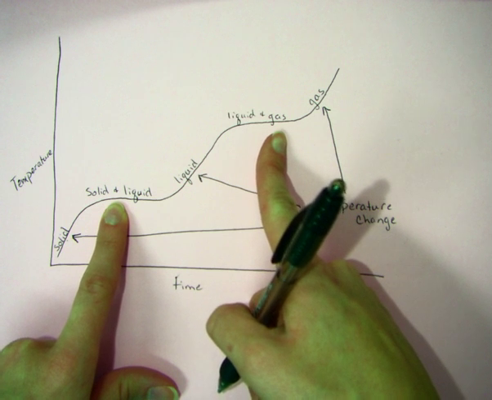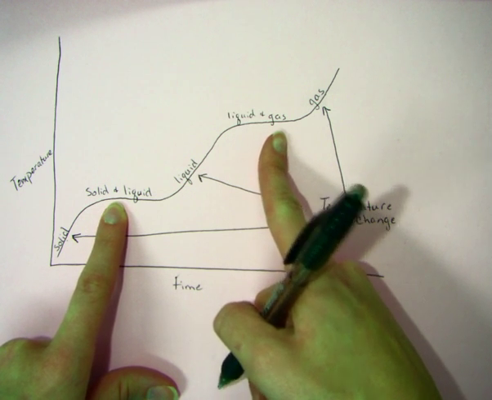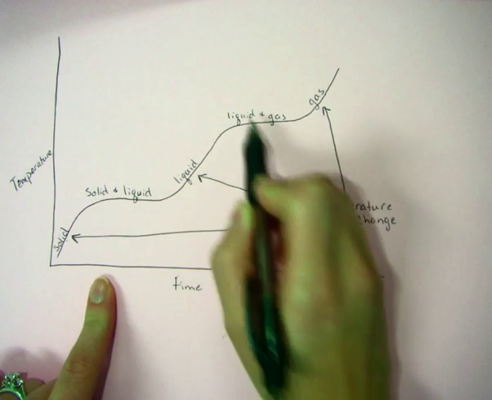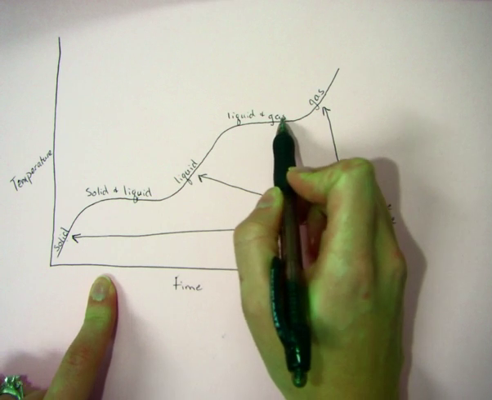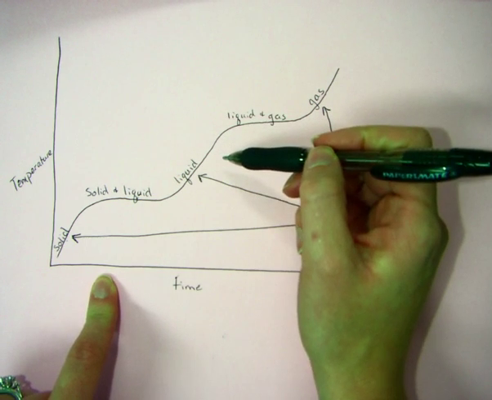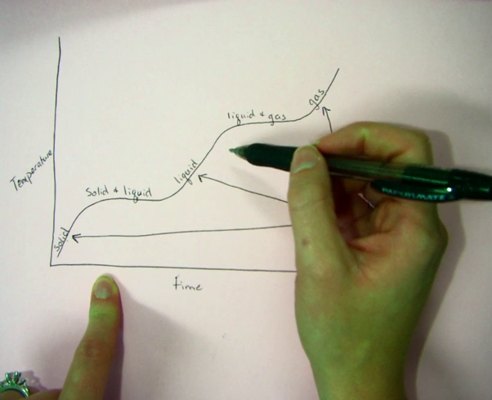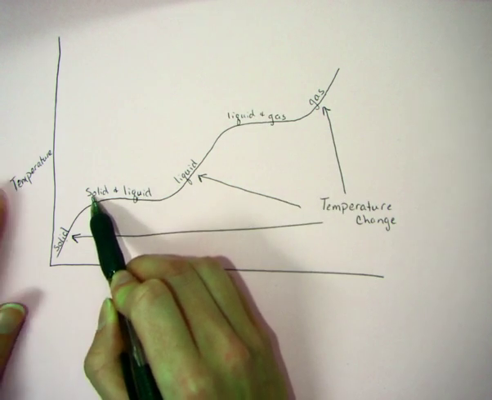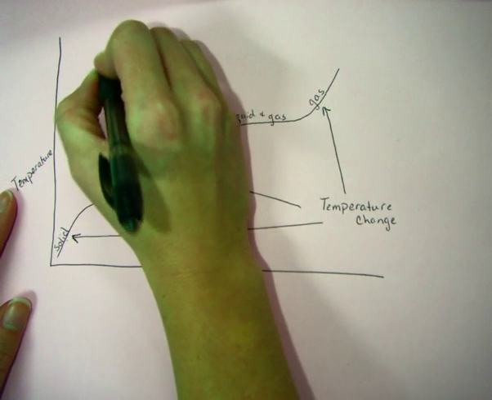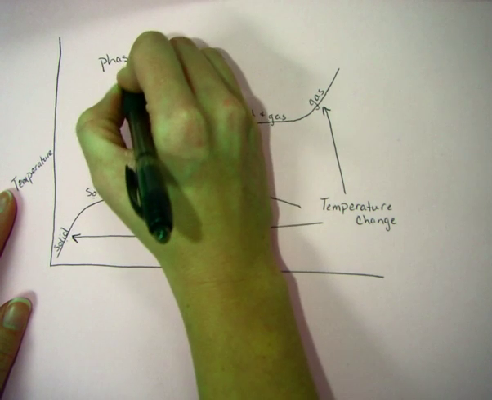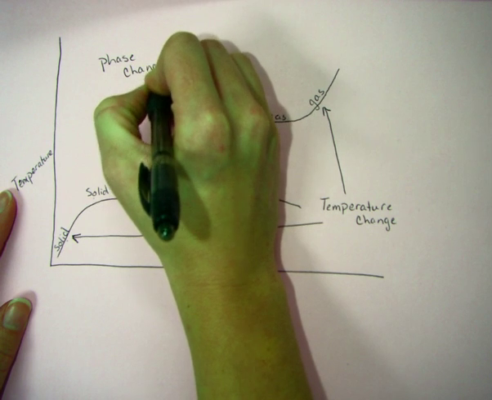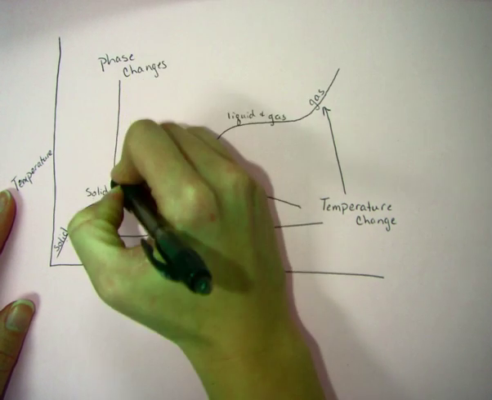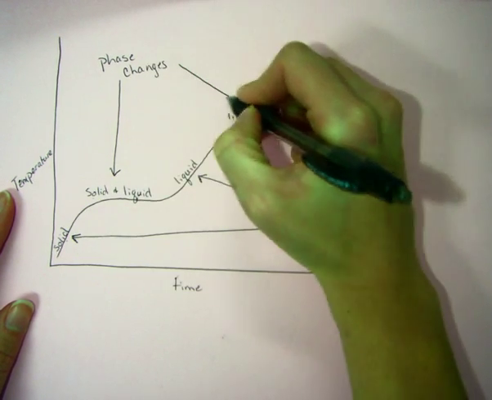In these other two regions where we flatline in the temperature, meaning that the temperature stays the same, all of the energy is going into the phase energy, or converting all of the solid to liquid or the liquid to gas. If we were going the other way and cooling the system down, converting all of the gas to liquid or the liquid to solid. So these are called phase changes, and they occur here and here.